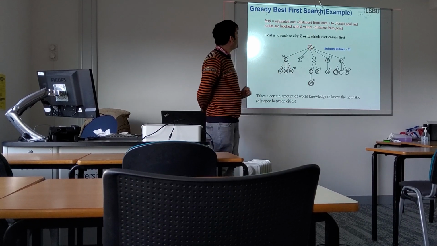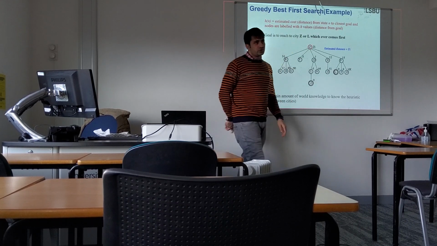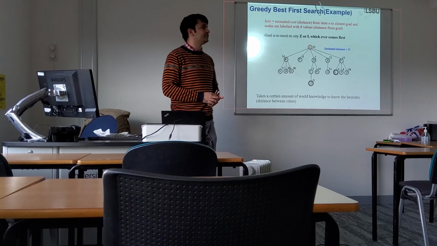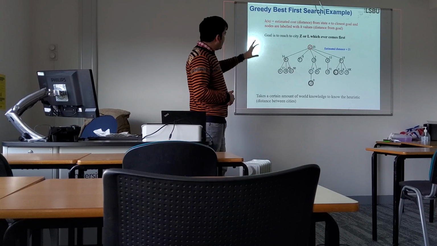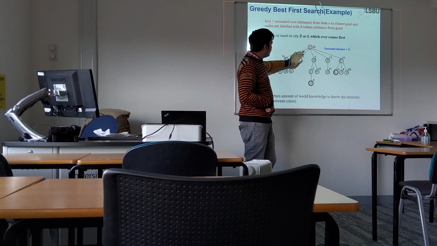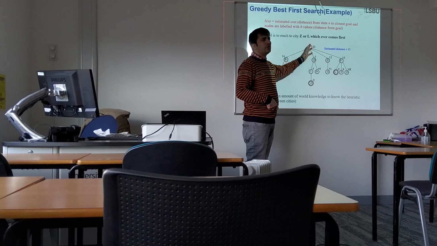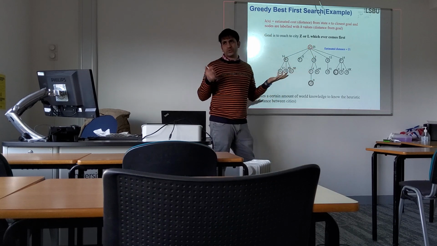Right. Okay. The goal is to reach Z or L, whichever comes first. So starting from the very first one, if you start from the C point, you can see that the distance from the goal is 21. But this is the starting point, we cannot do anything.